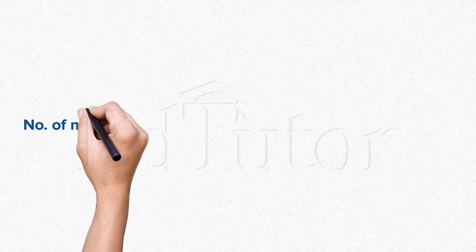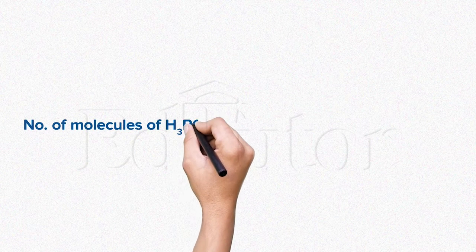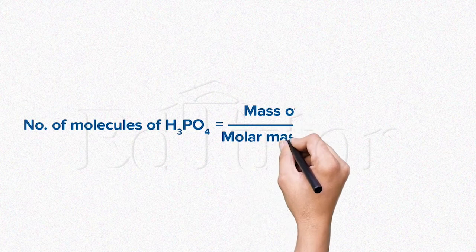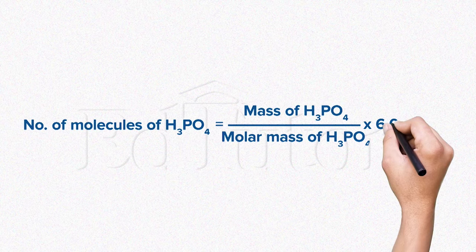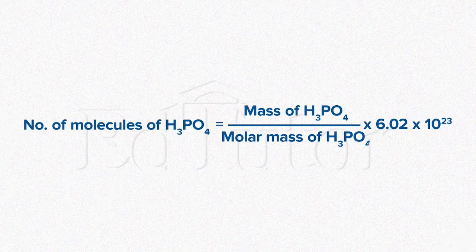Now, we know the formula for the number of molecules: mass of phosphoric acid divided by molar mass of phosphoric acid, multiplied by Avogadro's number, which is 6.02 into 10 to the power 23.